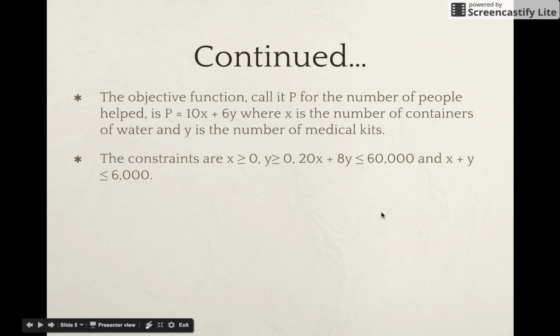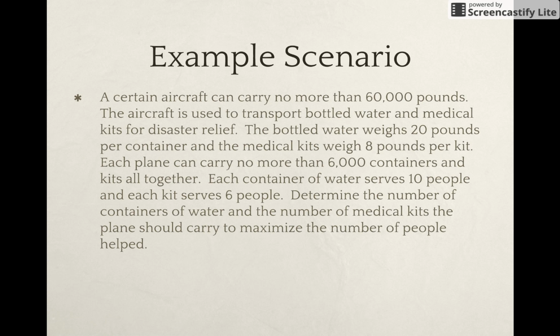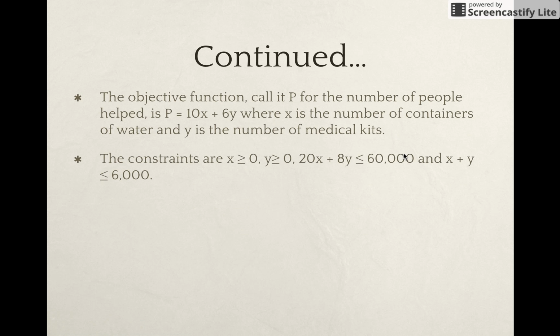I'm going to toggle back to see where that inequality comes from. This is related to weight, because our aircraft can carry no more than 60,000 pounds. And the weight of the water is 20 pounds per container. And the weight of the medical kits is 8 pounds per kit.